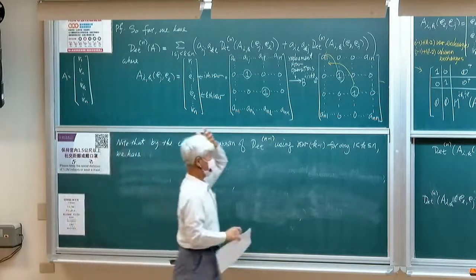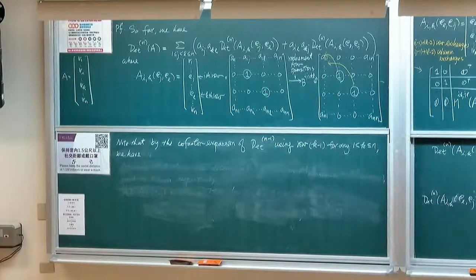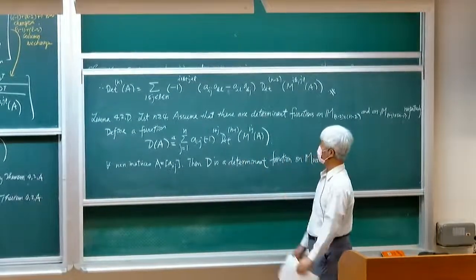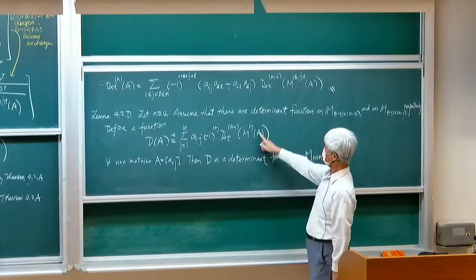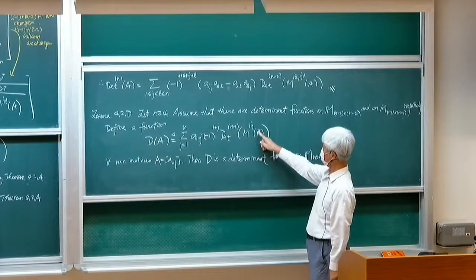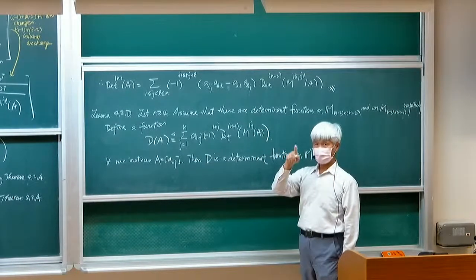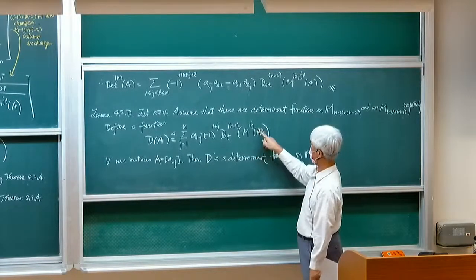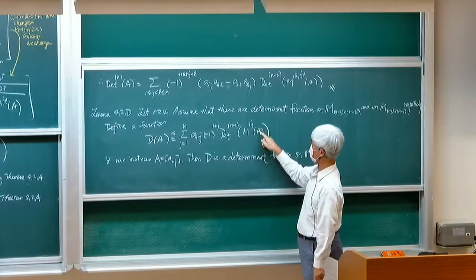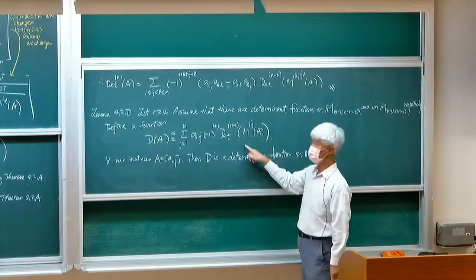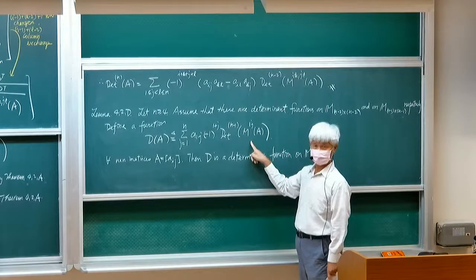Remember in this expansion formula, the kth row of A, when k is greater than 1, becomes the k minus 1th row in this minor. Is that okay?